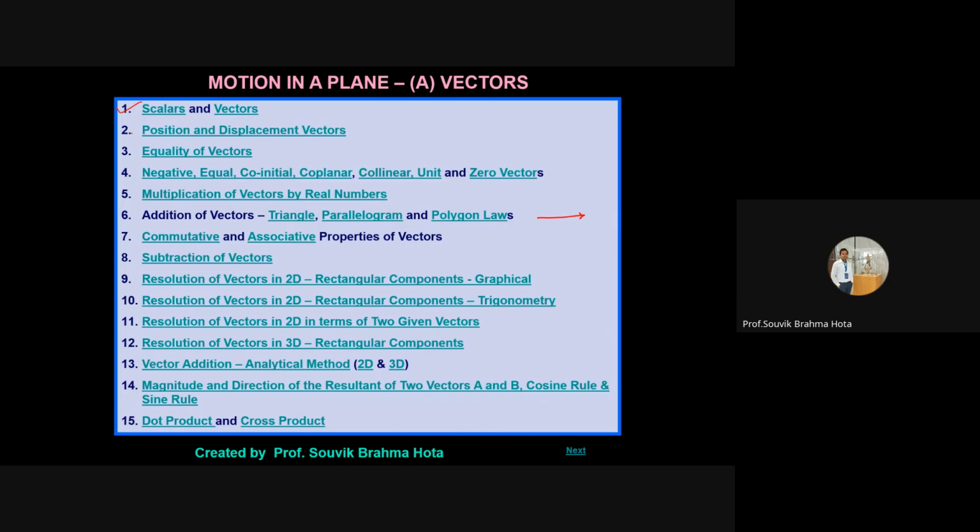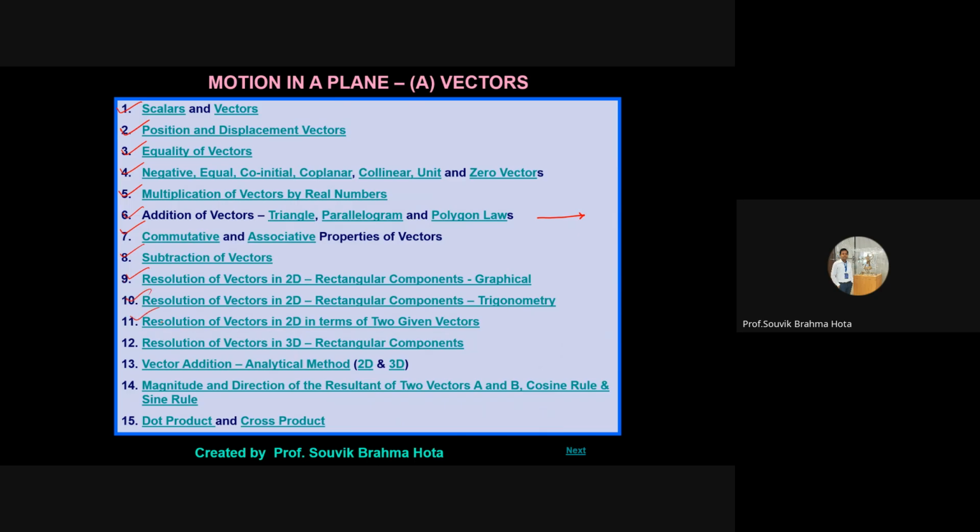Scalar and vector, the basic thing, then the position and displacement vector, then equality of vectors: negative, equal, co-initial, co-planar, co-linear, unit and zero vector, then multiplication, addition, commutative and associative, subtraction, resolution in 2D. So that 2D is already there in rectangular component, graphical and trigonometric resolution.